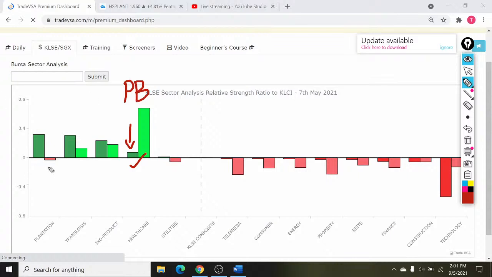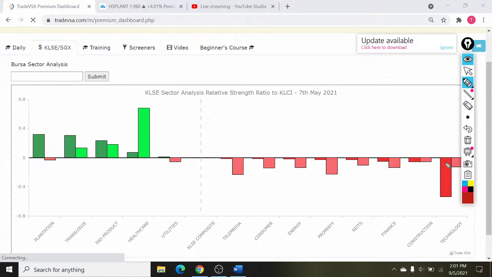For plantation, last week was down and this week is up, so they'll probably make a reversal. Transportation seems to be moving up slowly, since it's still going up compared to last week, and industrial products too. This is a very quick way to look for momentum sectors.